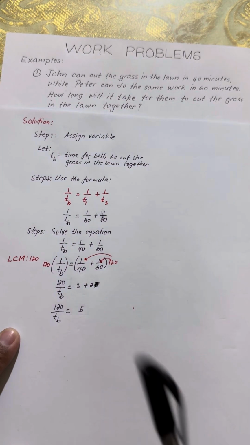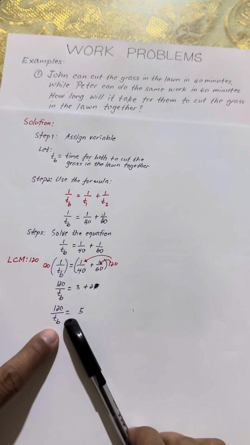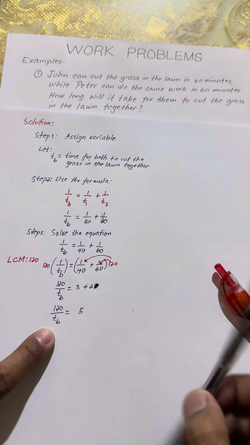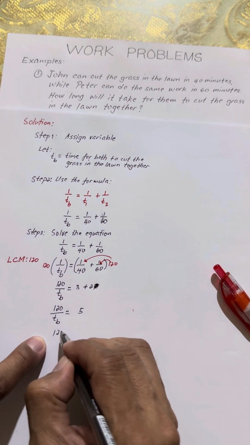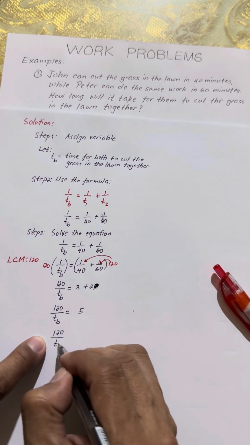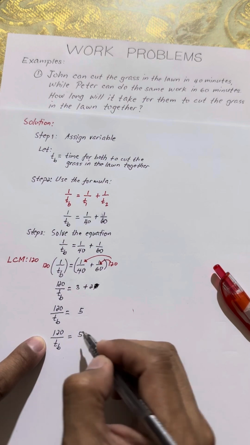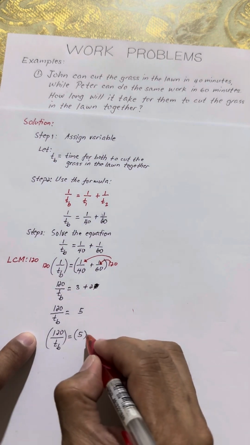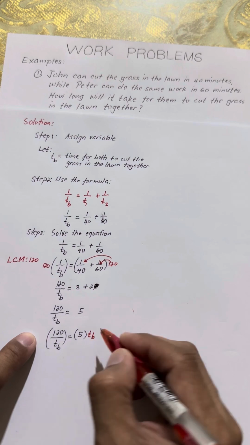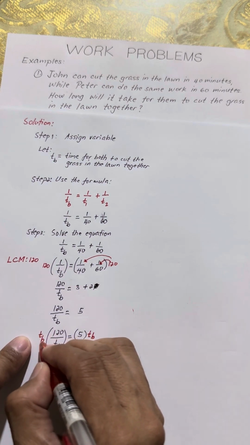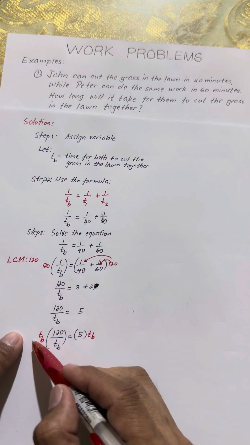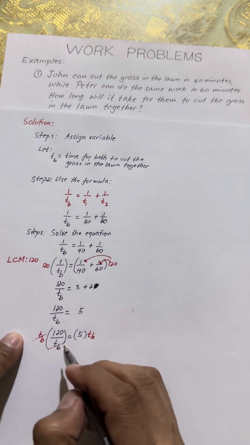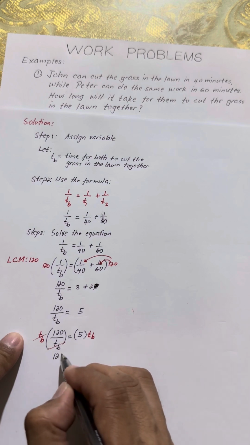Okay, then to solve for t sub b, we just multiply both sides by t sub b. On the left side, the t sub b at the numerator cancels with the t sub b at the denominator, so on the left side we have only 120.